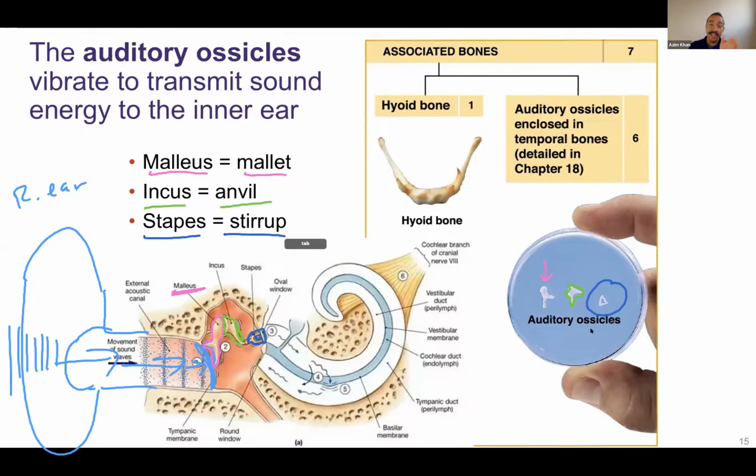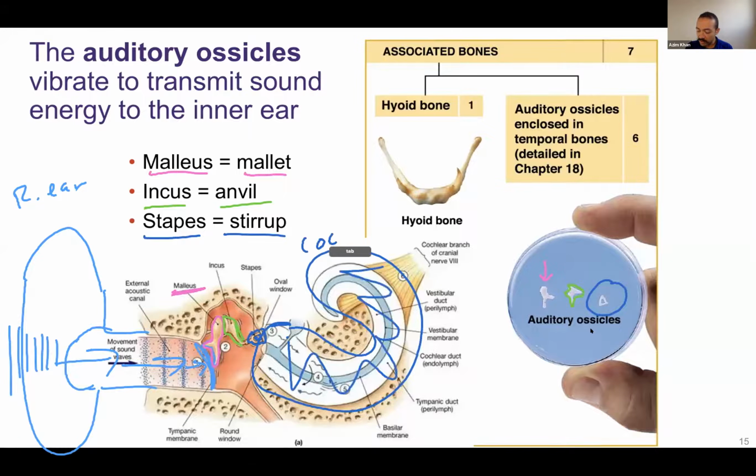Malleus is lateral, incus is intermediate, stapes is medial. Three smallest bones in succession. The malleus vibrates, the incus vibrates, the stapes vibrates, which then causes vibration within this structure called the cochlea. This is your organ of hearing. We'll get to that later, but we rely on vibration of these bones to cause vibration within the cochlea so that we can hear things.